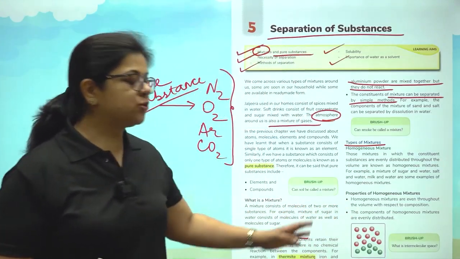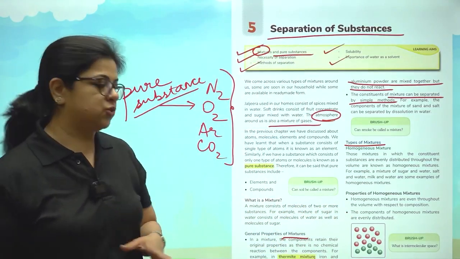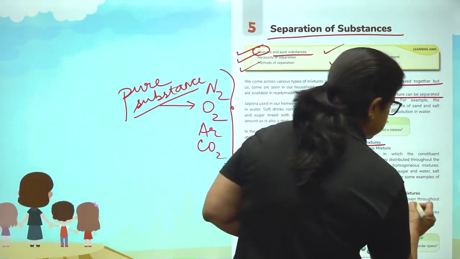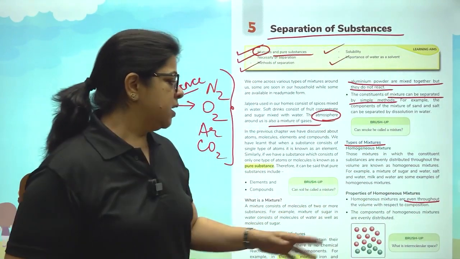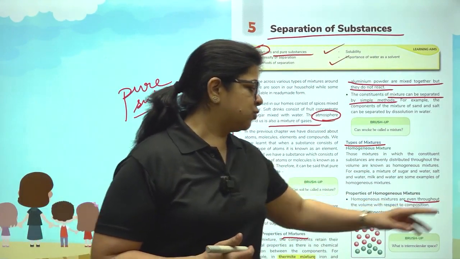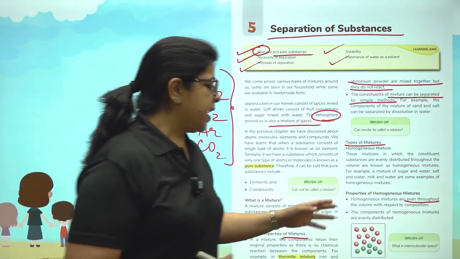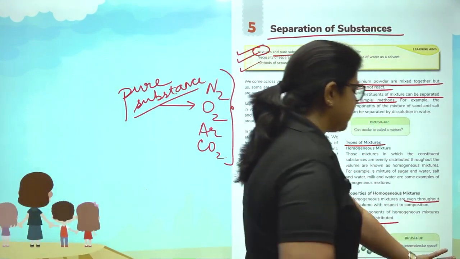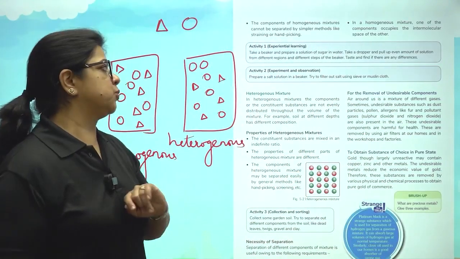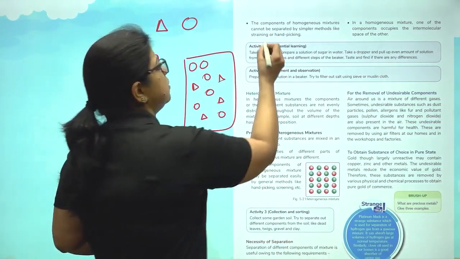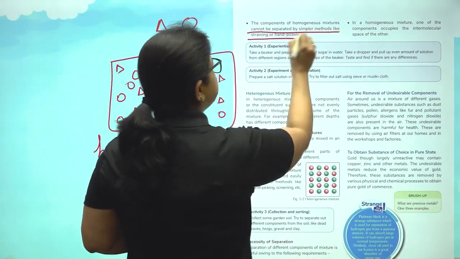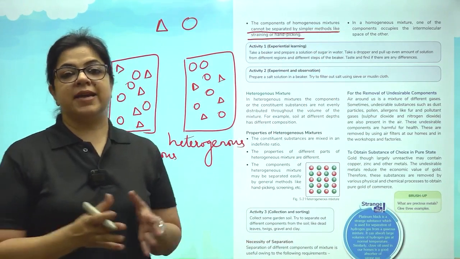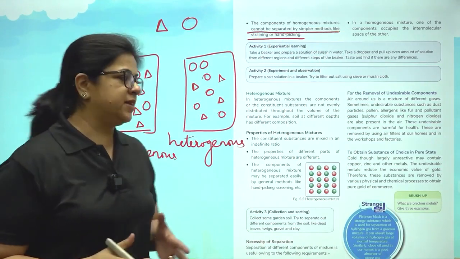Now, let us come back to the properties of these mixtures. Homogeneous mixtures are even throughout the volume with respect to composition and the components are equally distributed. Also, they cannot be separated by simple methods like straining or sieving.